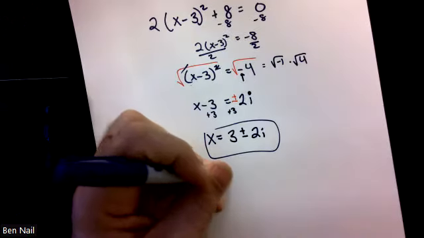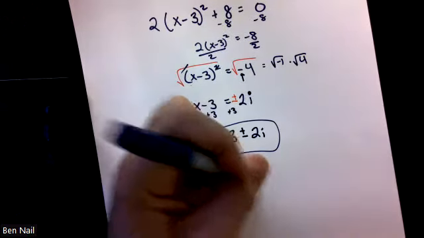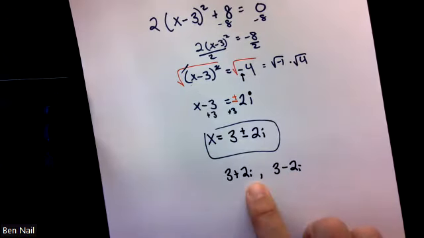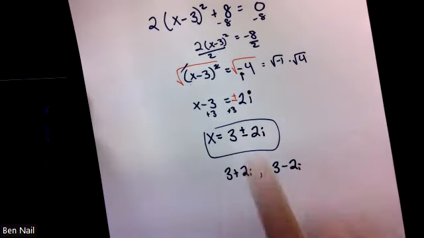Now, you could write that separately. You could say 3 plus 2i and then 3 minus 2i, but I wouldn't write it separately if I could just write it together. It means the same thing. I'm indifferent. My MyMathLab will actually accept both, but this is a more succinct answer.